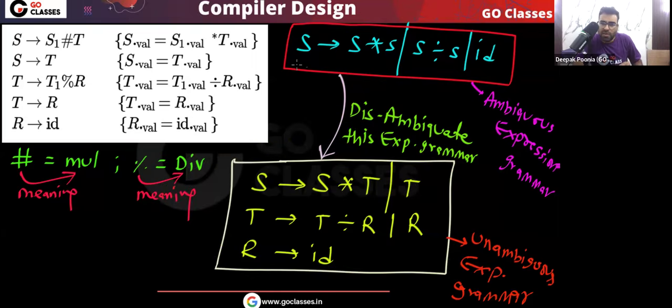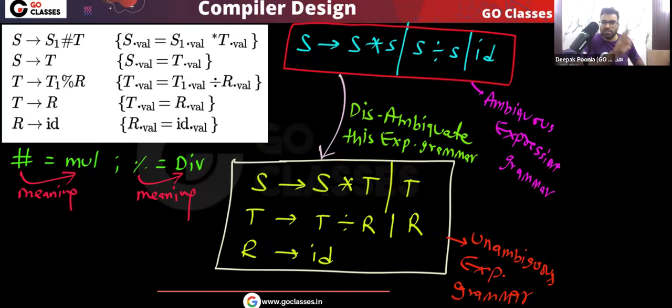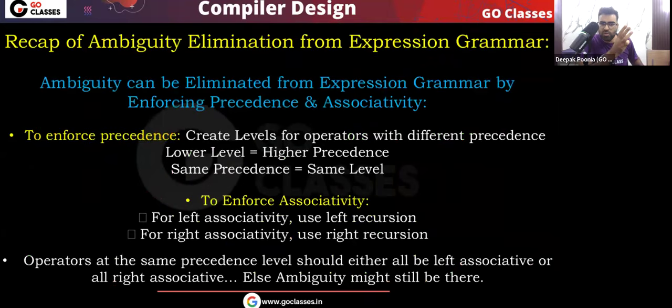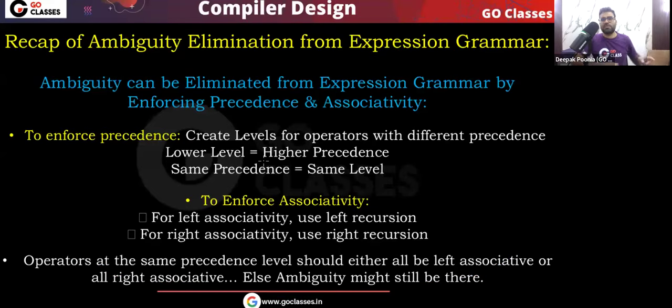And what should I do to remove the ambiguity? Basically, we need to do two things, or I can say three things. This is the recap of ambiguity elimination from the expression grammar, a concept we have seen before the top down parser.